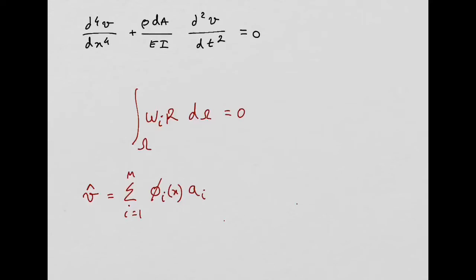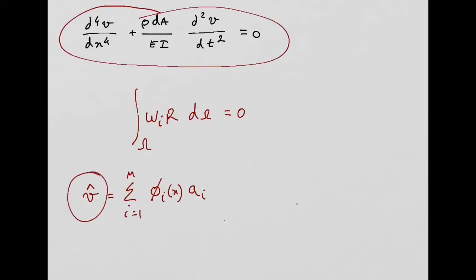When you replace this approximation function in your differential equation, you will get a residual, which you then integrate, and then your unknowns are going to be these coefficients a_i, because these shape functions, as we are going to see now, are known or given.